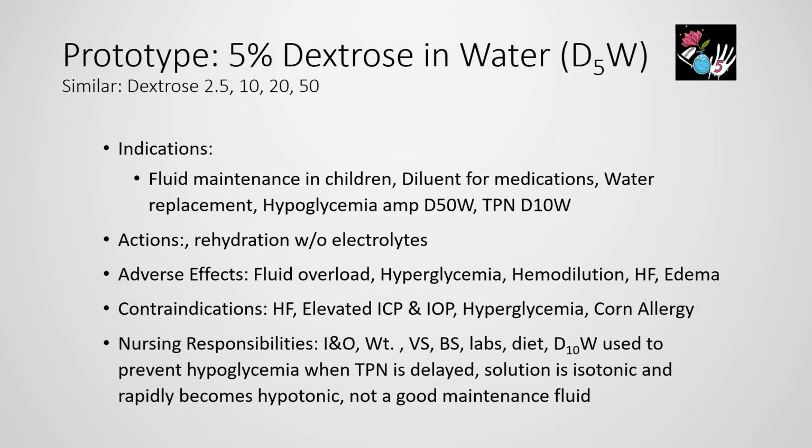As mentioned before, someone who was on TPN and the bag ran out, and another bag needs to be obtained from pharmacy. In the meantime, they can become hypoglycemic since they still have circulating insulin. So D10W can be given as an IV fluid to maintain their sugar levels until the next bag of TPN arrives. So it can be used for rehydration, not usually. It's more just to dilute medications.